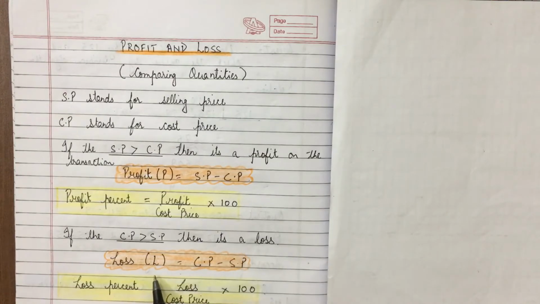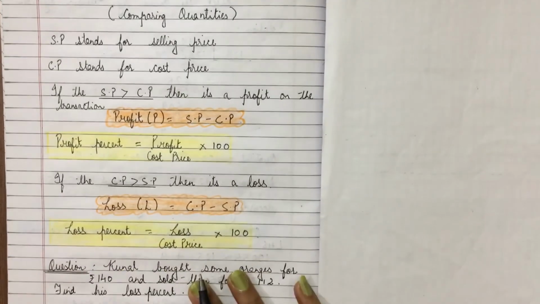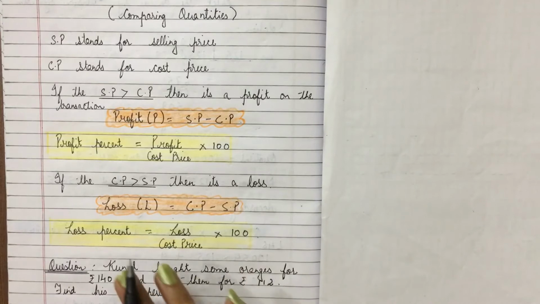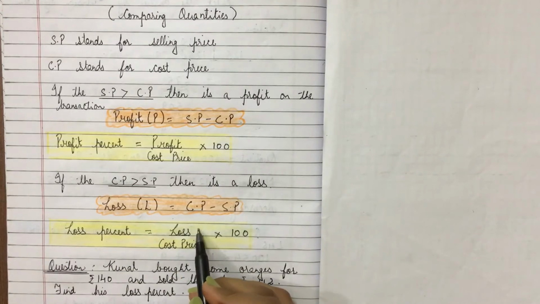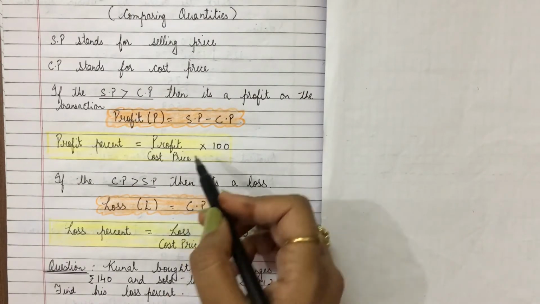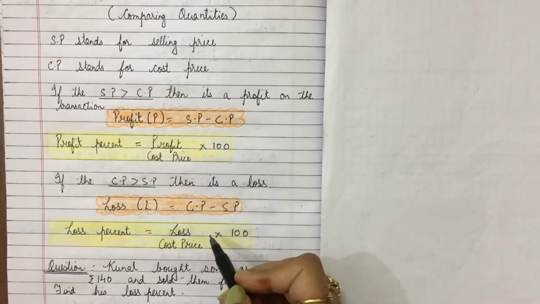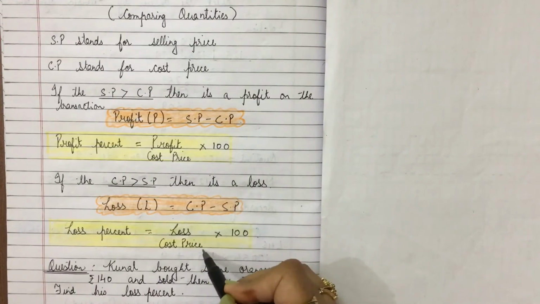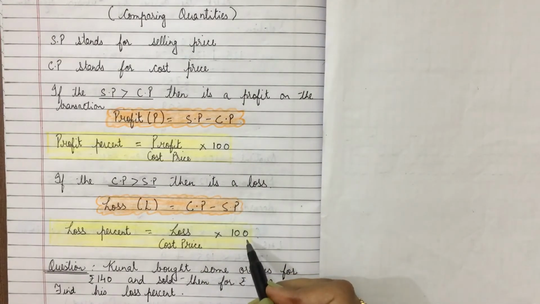This loss is calculated as cost price minus selling price. Now when we are calculating the loss percent, like I told you, it is calculated as loss upon cost price. The basis for all calculations is the cost price. Whether it is profit percent or loss percent, it will be loss upon cost price into 100.